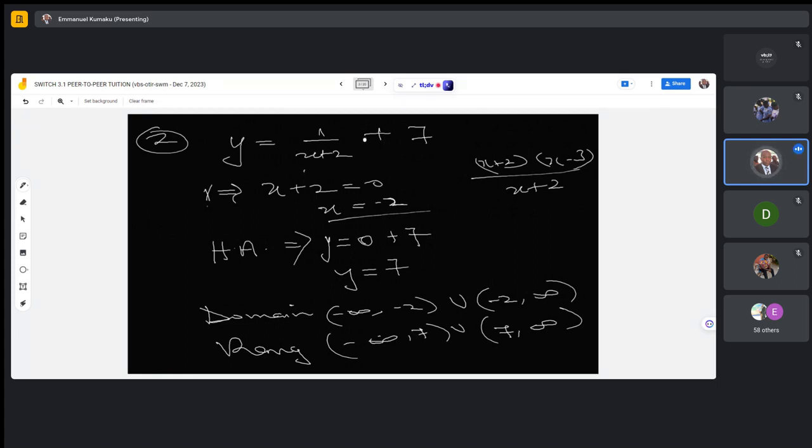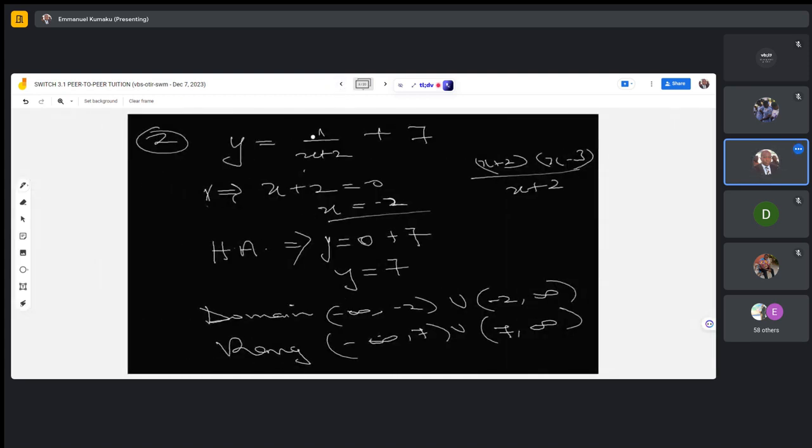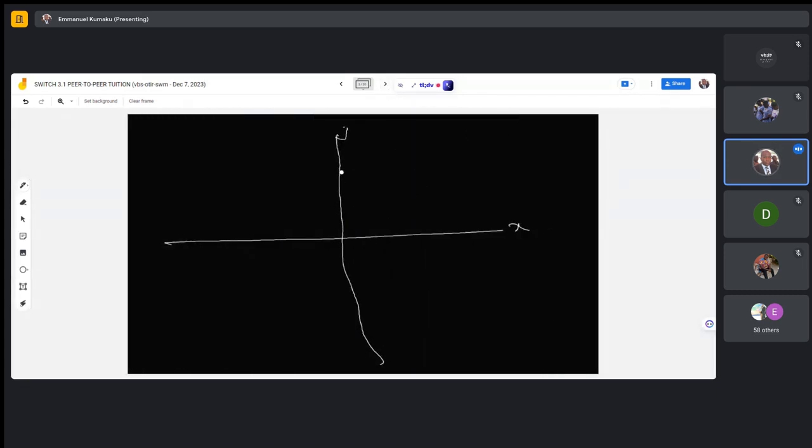Then we can also be asked to sketch the curve. The first thing to sketch the curve is to draw your axes. After drawing your axes, you draw the asymptotes. So this is my y-axis, my x-axis. My asymptotes were x equals negative 2 and y equals 7.